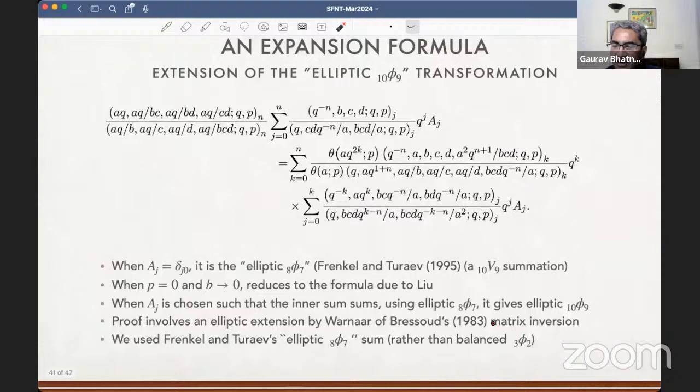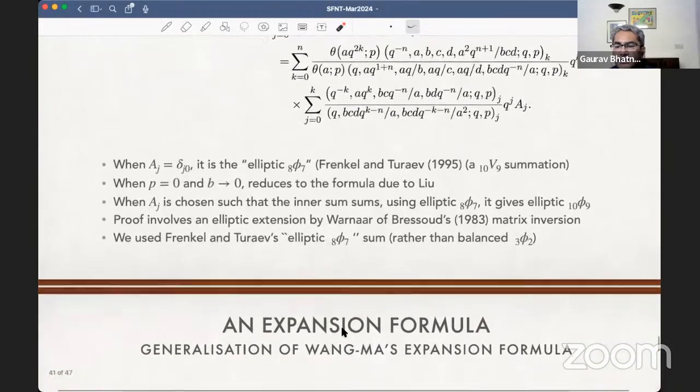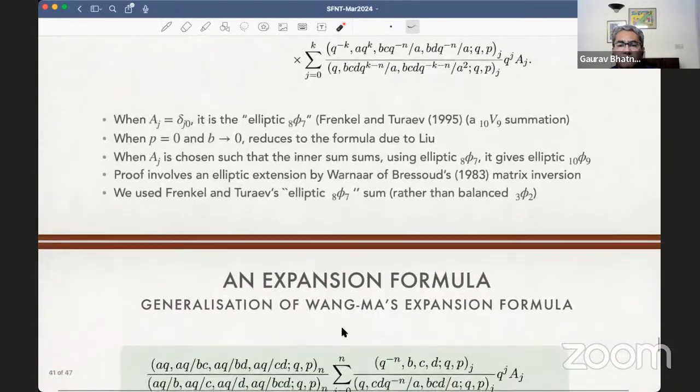It's not very well known. Bressoud's matrix inversion is very related to the well-poised Bailey lemma. Somehow that seems to be missing; he hasn't got the credit as much as he should have. But people in the know about this, Werner generalized it because it's such a central result.